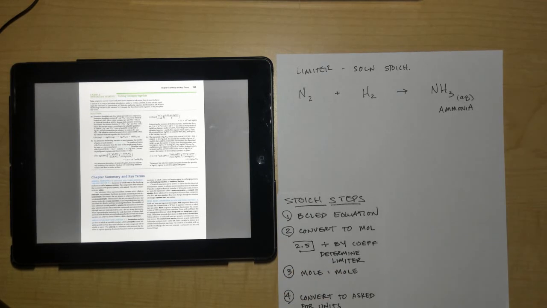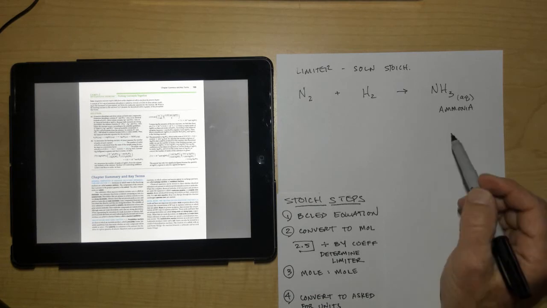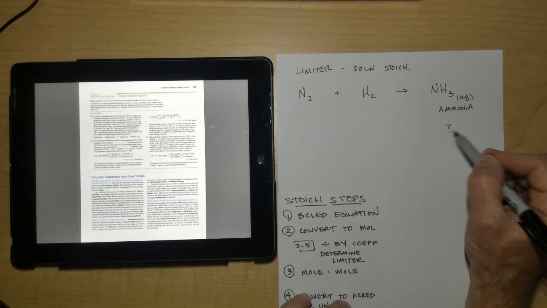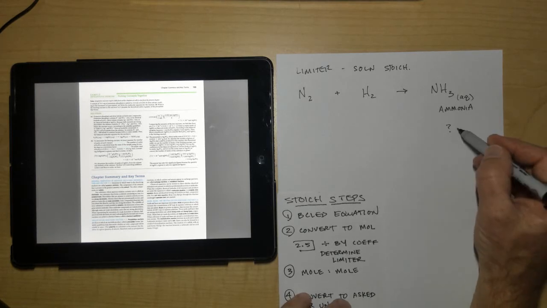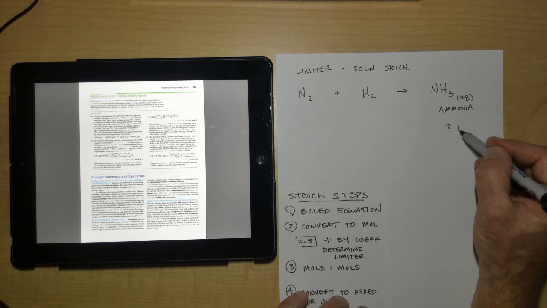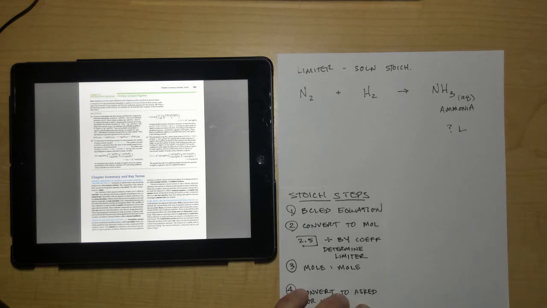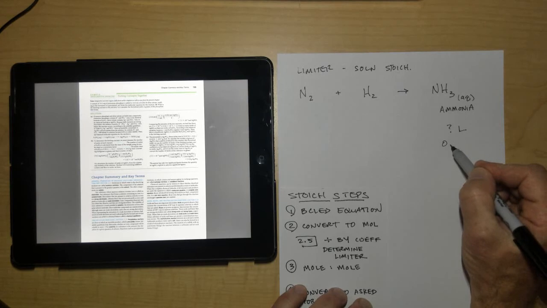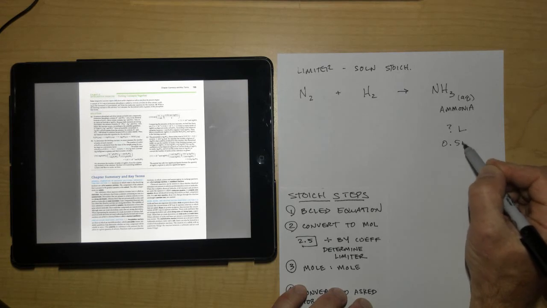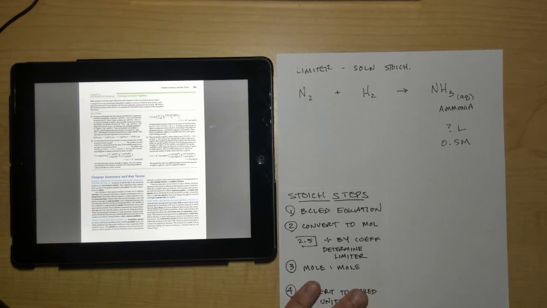We'll say it's aqueous, and we'll ask the question like, what is the liters of this that are produced if it's, let's make it easy, 0.5 molar at the end.